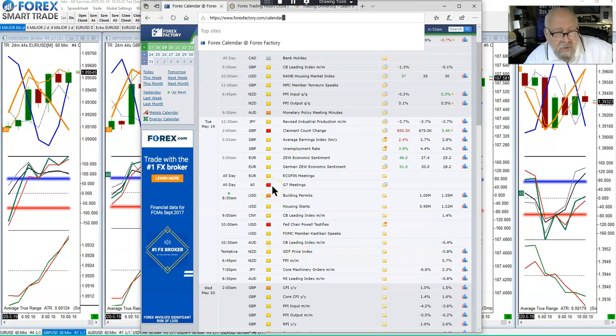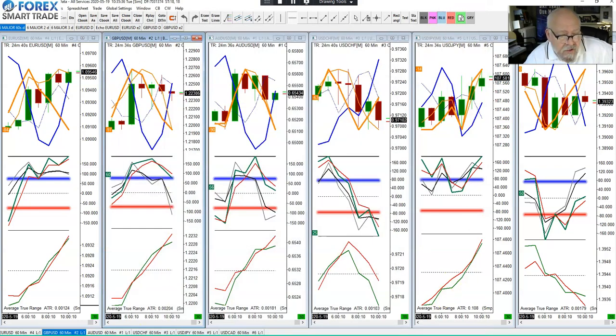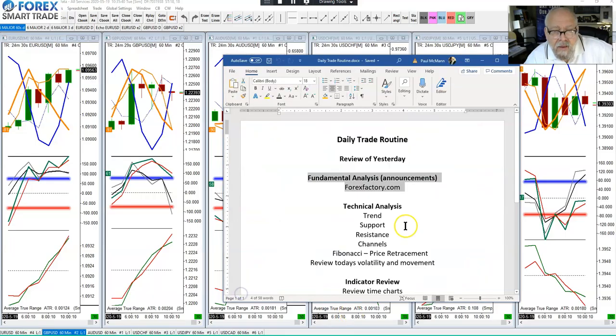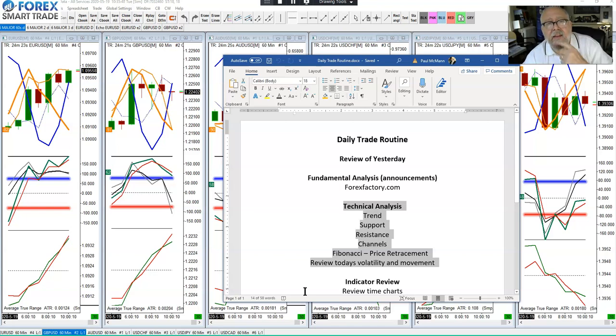G7 meetings, nothing we can do about that. That's all day long if something comes up. So we've taken a look at the news, and now we will start with our analysis. We'll first start with looking for a 10-point trade, and then as we get toward the top of the hour, we'll see if there's any thick orange line trade there.